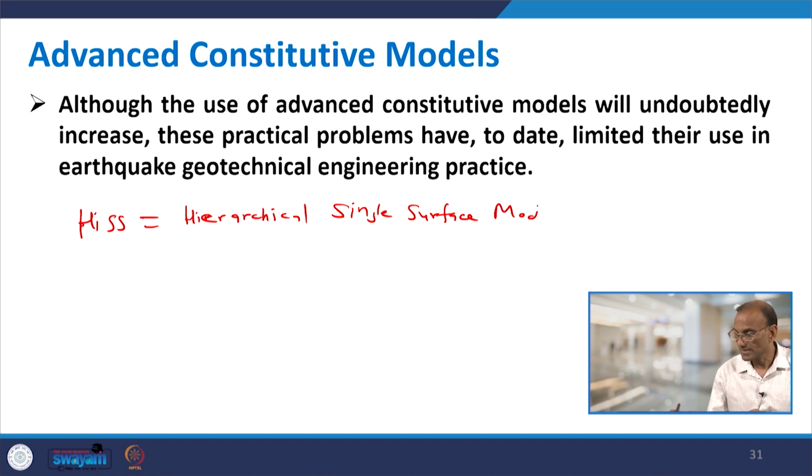Professor Desai also developed what is called the DSC model, the disturbed state concept.